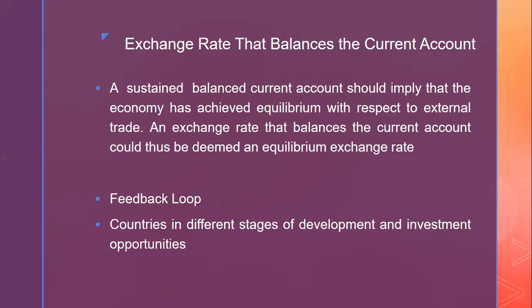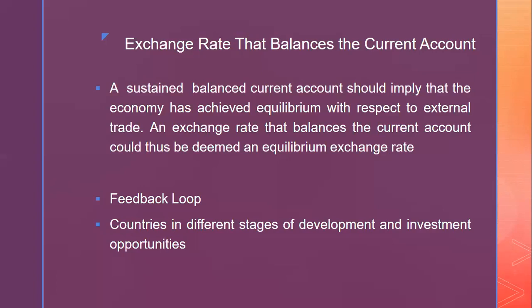balanced current account might not represent the equilibrium exchange rate due to the feedback loop between the exchange rate and the current account, because it is often uncertain and is subject to time lags. So this balanced current account that we see today does not necessarily correspond to the exchange rate that we see today, right?